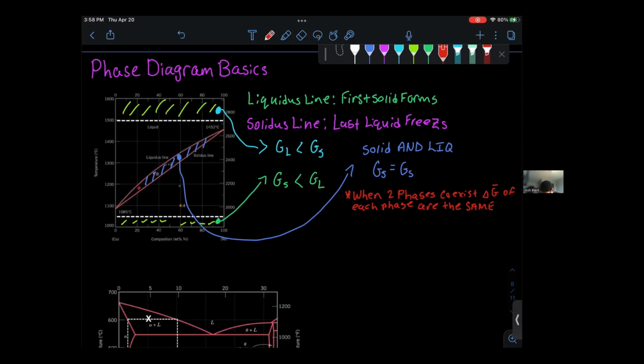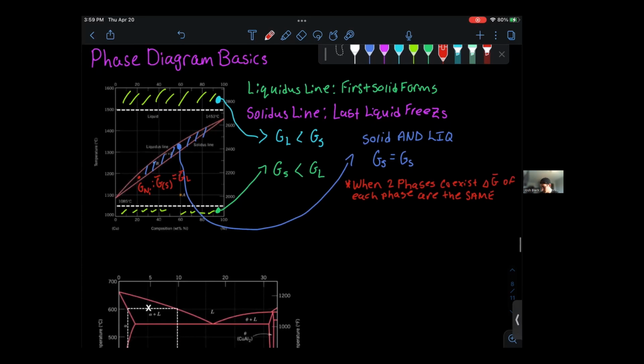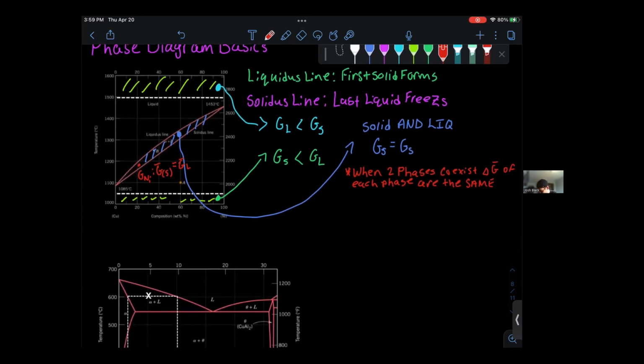In this example, let's say for nickel, the partial molar Gibbs free energy of solid nickel is equal to the partial molar Gibbs free energy of liquid nickel. Now, what can we say about that? Well, we know that partial molar Gibbs free energy, we'll keep going with nickel there, is equal to RT ln of the activity of nickel.